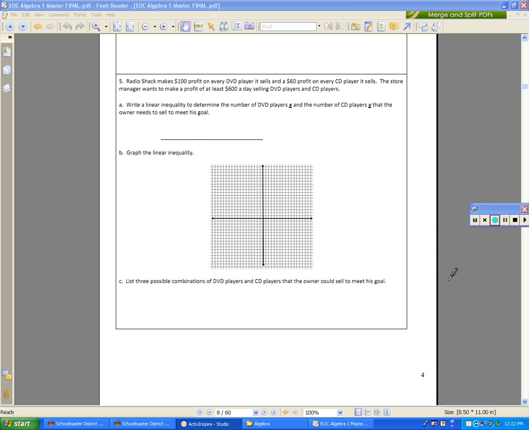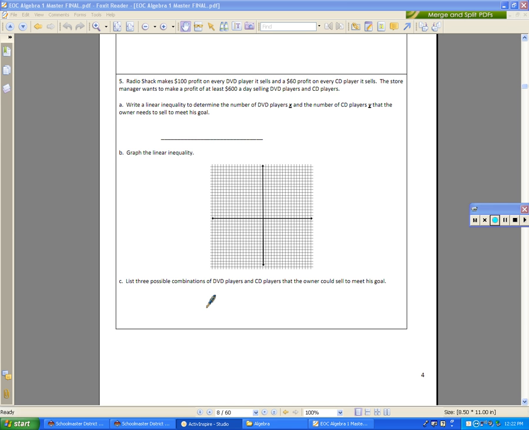Okay? All right, so it says list 3 possible combinations of DVD players and CD players that the owner could sell to meet his goal. Now, if you want to be funny with this, you could get all fancy and pick some points up there, right?